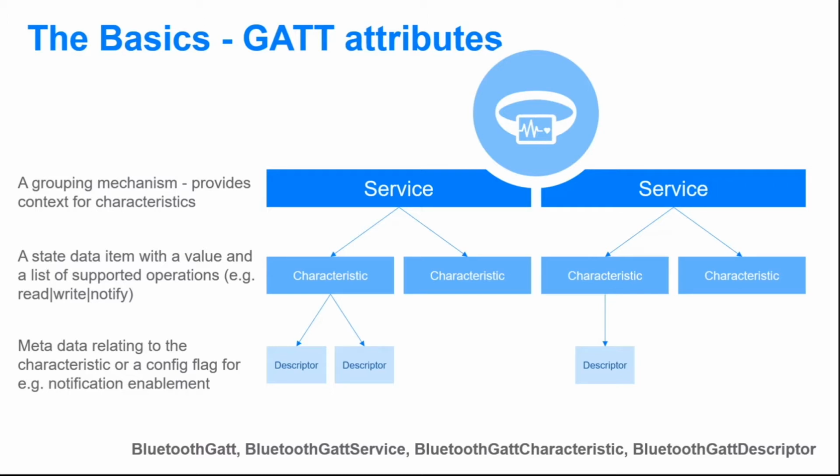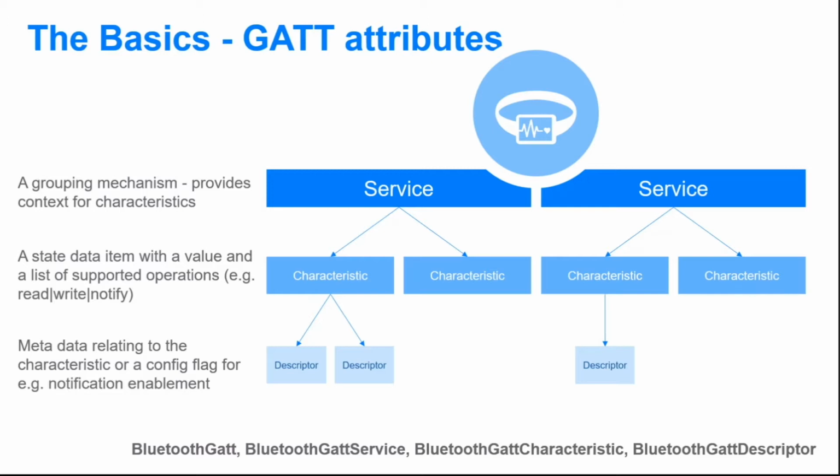Things like reading the characteristic's value, writing to it, or enabling something called notifications, which when switched on result in the characteristic's value being delivered to your connected application whenever it changes, or maybe periodically controlled by a timer. Now, at the third level of the hierarchy, we have descriptors, which only some characteristics have.